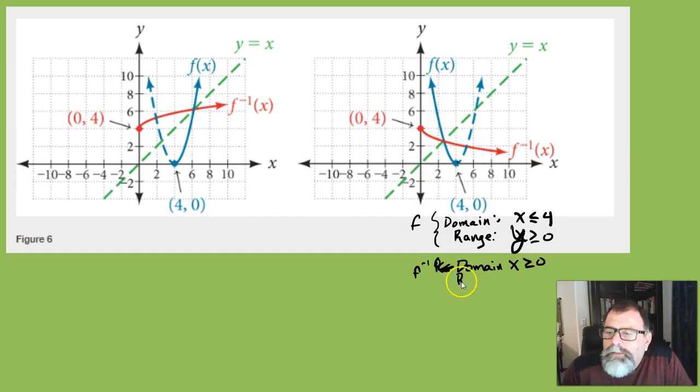And then the range, so the x becomes y, so it'll be y is less than or equal to 4. And you can see that the range is from negative infinity to 4, which is the same thing that I wrote here. So hopefully that makes a little more sense. If not, just keep at it, you'll figure it out. All right, let's move on.